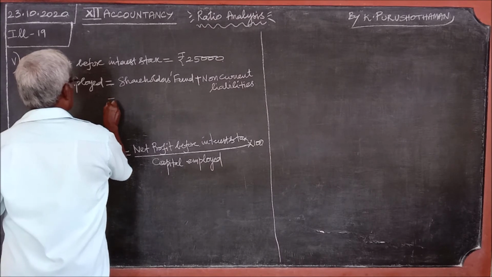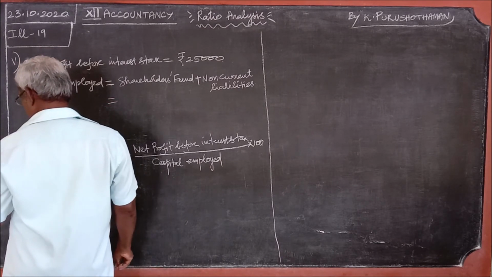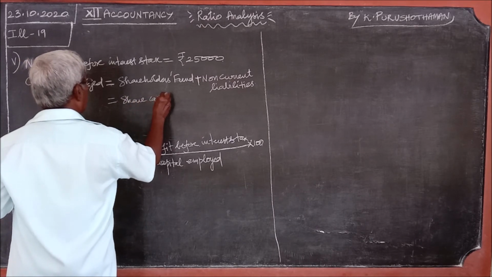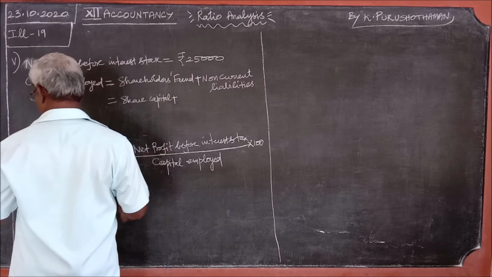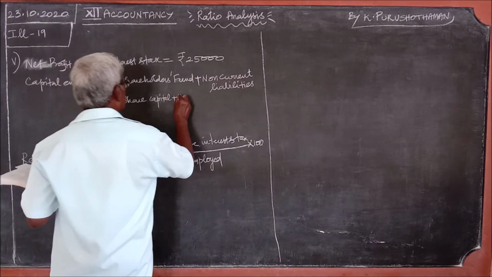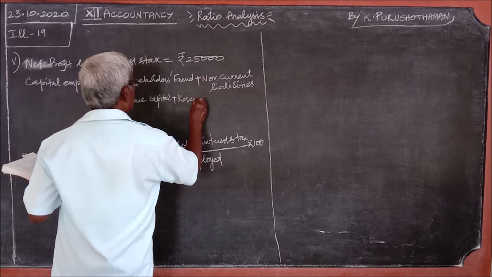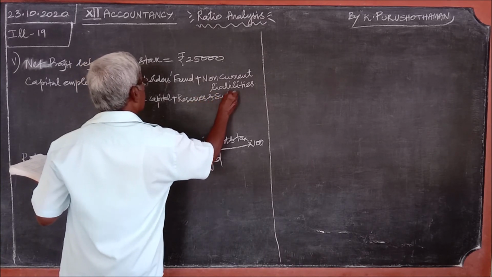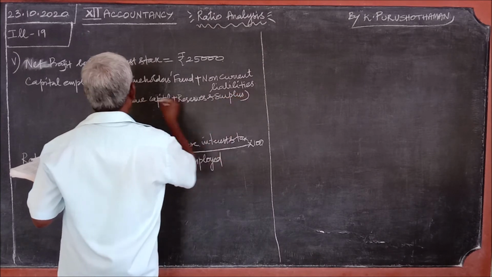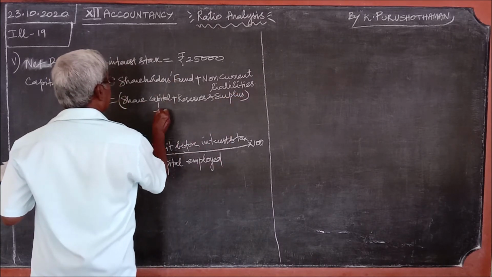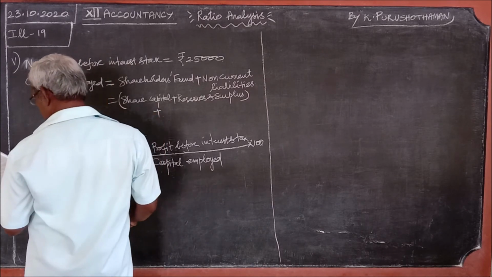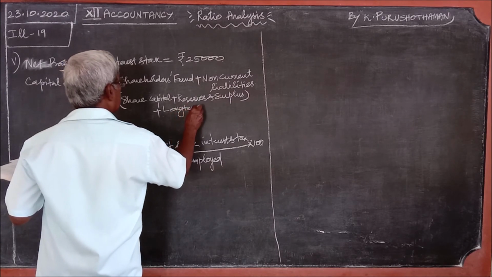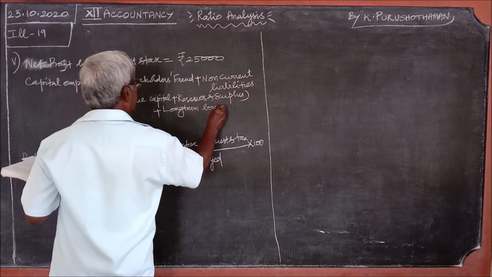What is the shareholders fund in this problem? Share capital plus reserves and surplus. This is for shareholders fund, plus non-current liabilities, which is long-term borrowings.